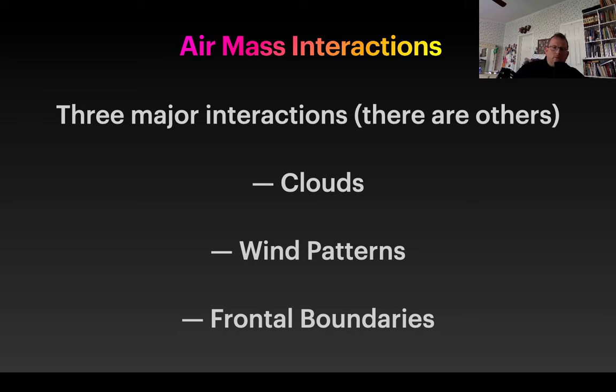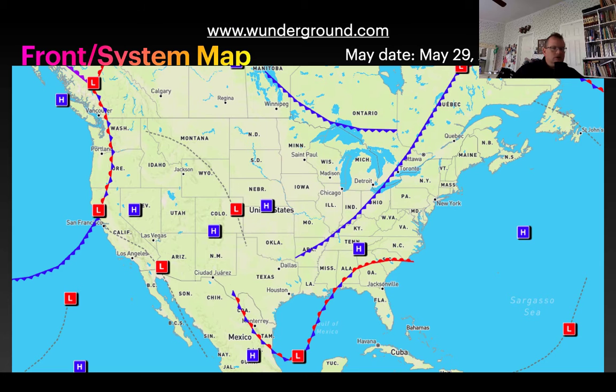We're going to talk about wind patterns, and we could go into a lot of detail on winds, but for the sake of time, we're just going to talk about the basics of winds when it comes to how these air masses interact with each other. And then frontal boundaries, which you've already been introduced to, but we're going to cover what that means and how they interact. So this brings us back to our Weather Underground map.